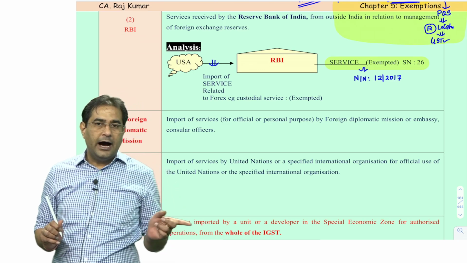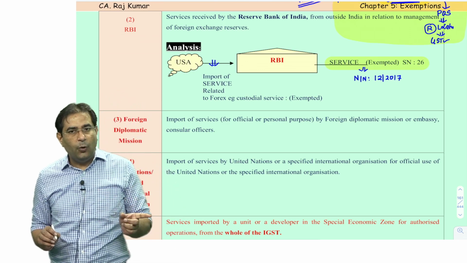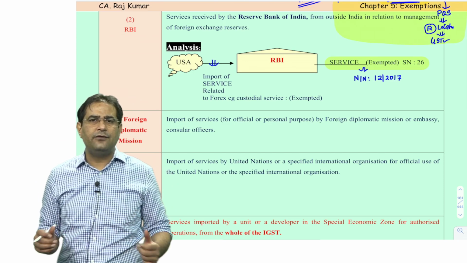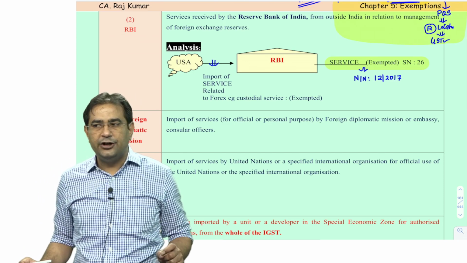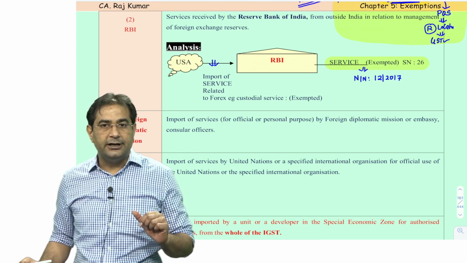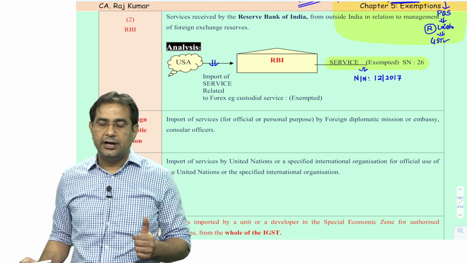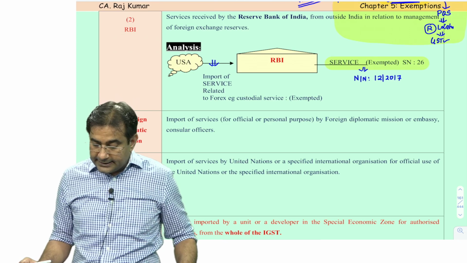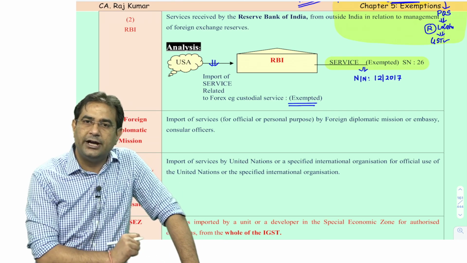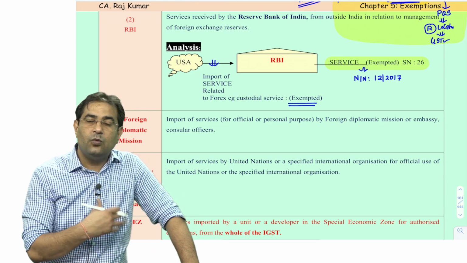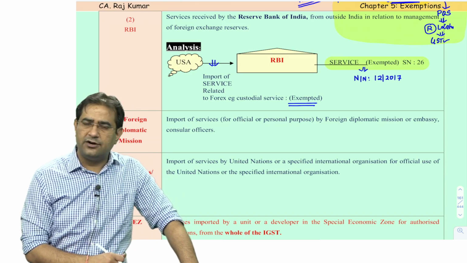We have already covered it, and we have already linked it at that place also. If RBI imports services with respect to forex, suppose custodial services, any kind of import of services related to foreign exchange, that will also be exempted from GST. Suppose if it was not exempted from GST, then what would be the consequences thereof?